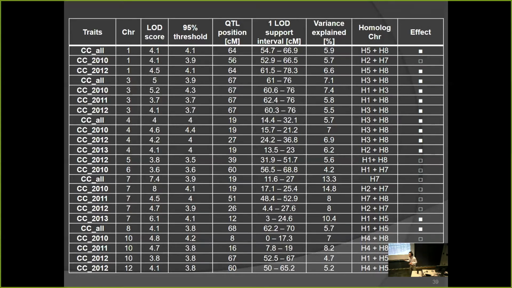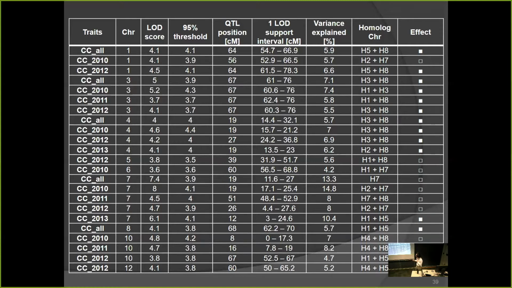And there's also 'all'. After I transformed to the BLUP data, I could get 5 different BLUP data sets. 4 represent each year, 2010 to 2013, and the last data set was obtained by pooling all phenotype data across the 4 years. So 'all' represents the BLUP data obtained by pooling all phenotype data across the 4 years.